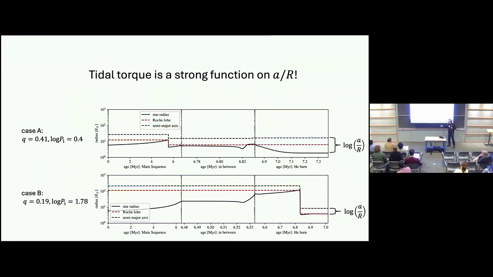Okay, but maybe it's worth checking. It looks like A is a little bit larger in the plot above, which means that if the masses are the same, then the angular frequency of the orbit is lower above. So even if you were perfectly tidally locked, so even if tides were very efficient, you would still have slower rotation in case A than in case B. Okay, thanks. I should look into that.